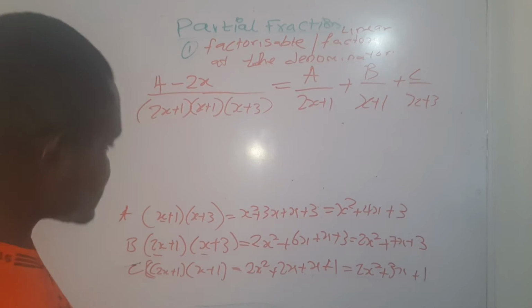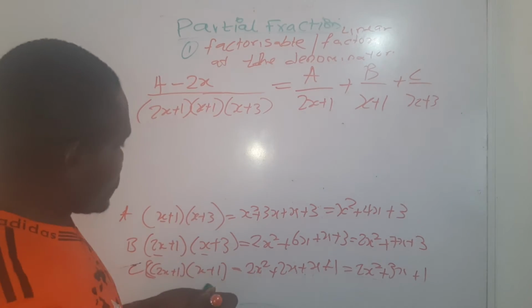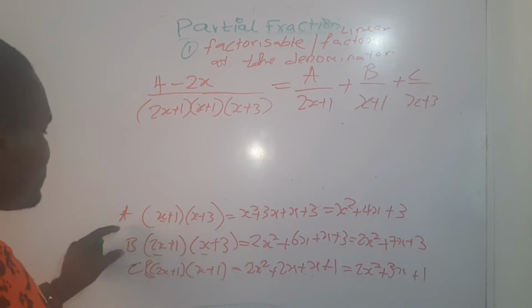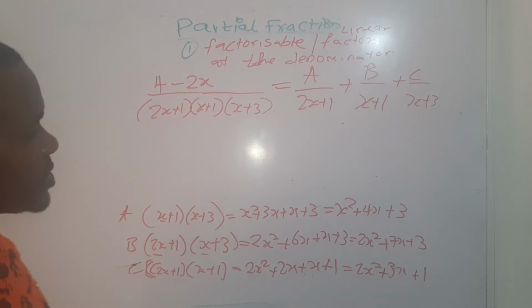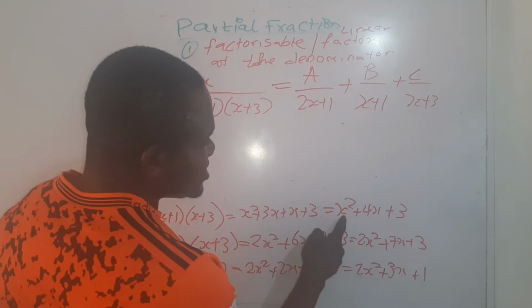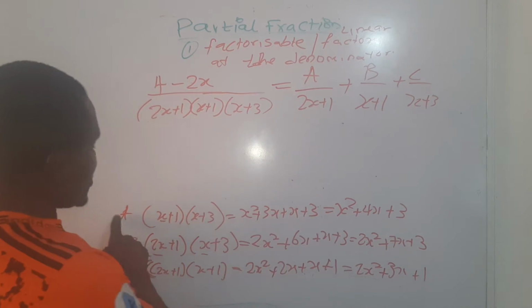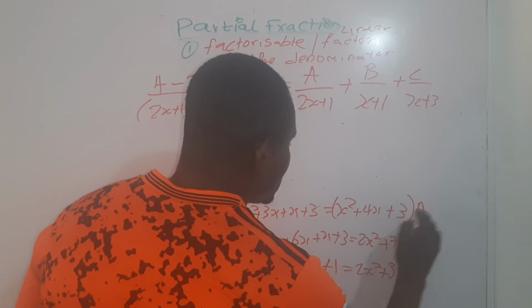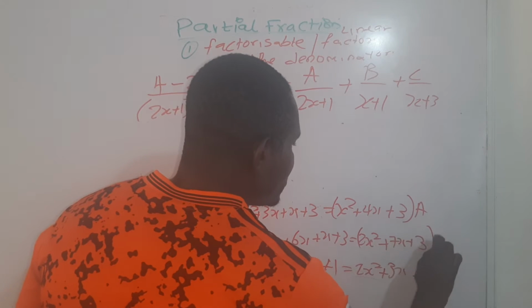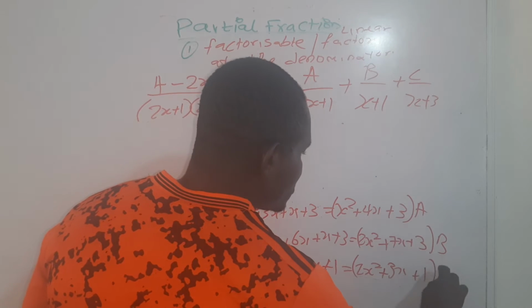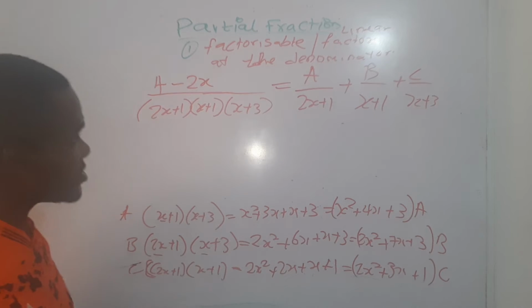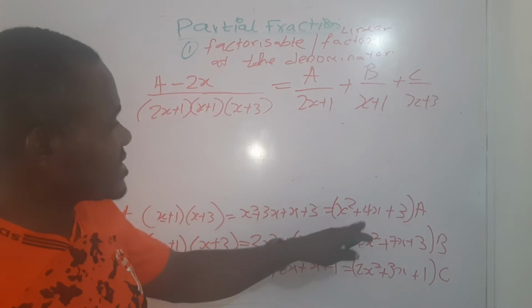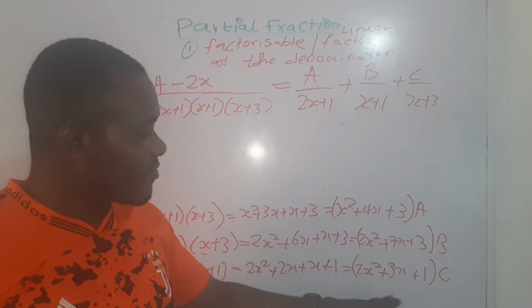Now look at this. Don't forget we are having A, B, C, which is A, B, C divided by the denominator. Don't forget we are multiplied by A. Let's say everything times A, everything times B, everything times C. You remember, we found the denominator, the LCM, we've expanded, and this is our final decision.